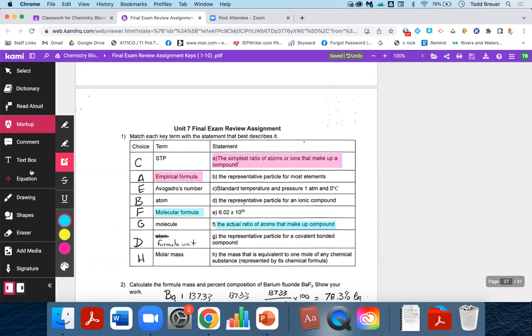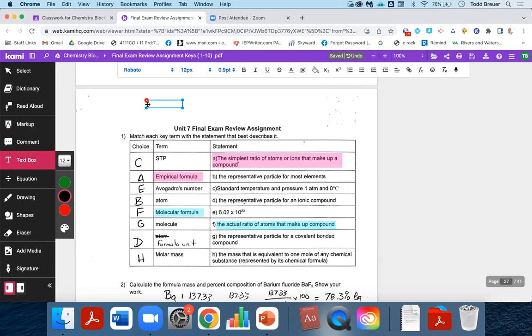Just to give you an example of what we mean by this, glucose has a molecular formula, C6H12O6, right? That's the real ratio. The simplest reduced ratio, called the empirical formula, is CH2O, right? They can each be reduced by a value of 6.